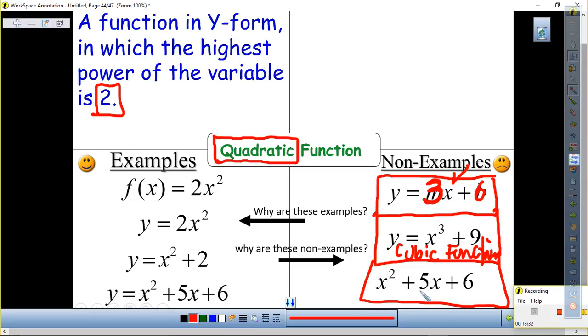Why is this not a quadratic function? Go ahead, Francesca. It's not in y form. In other words, elaborate a little bit more.